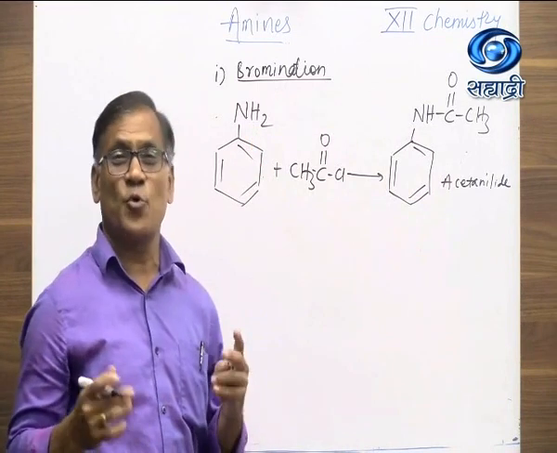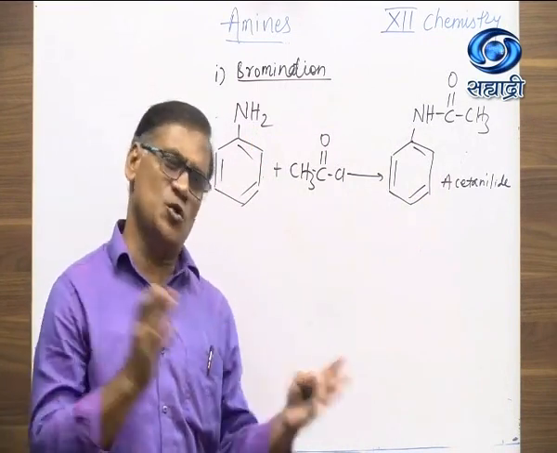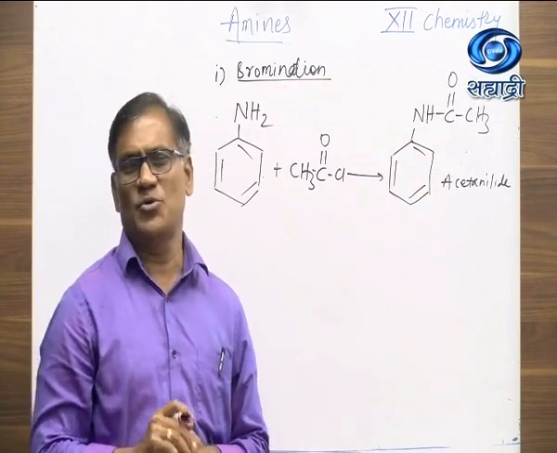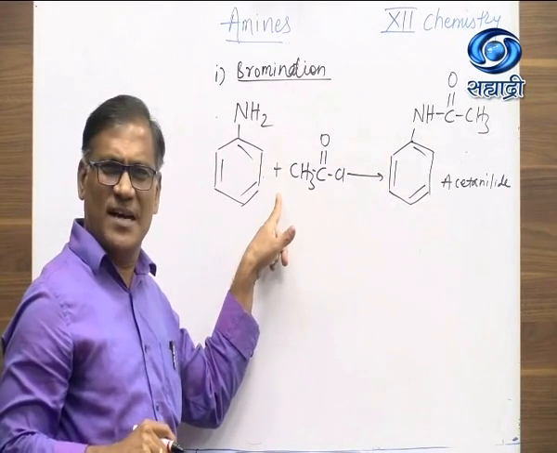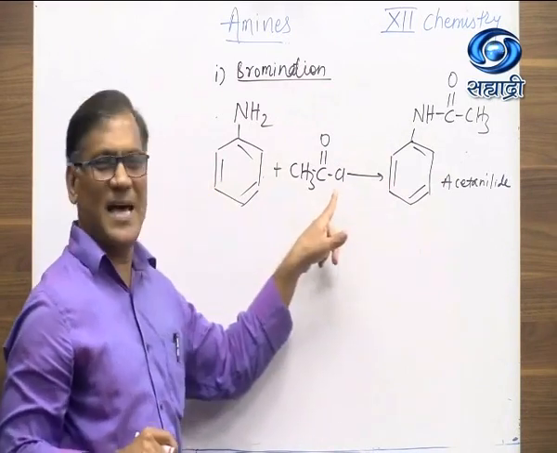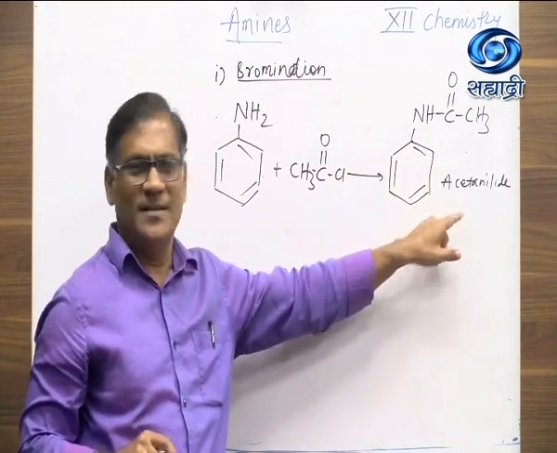So this NH2 group is protected by the process of acylation, and then the NH2 group is restored by the process of hydrolysis. So first the acylation reaction is carried out with aniline. Aniline is treated with acetyl chloride to form acetanilide.